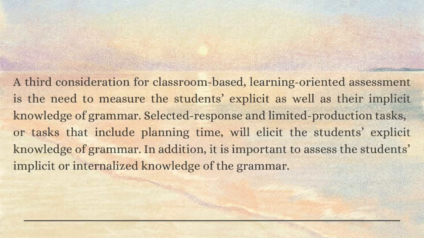Think of it like this. If you gave them time to plan or use multiple choice questions, you can see how much they've learned in a clear, straightforward way. But to really understand how well they've mastered the grammar, you need to look at how they use it when they are not planning or thinking about it too much.